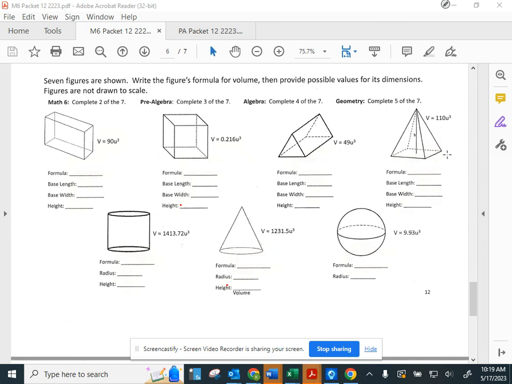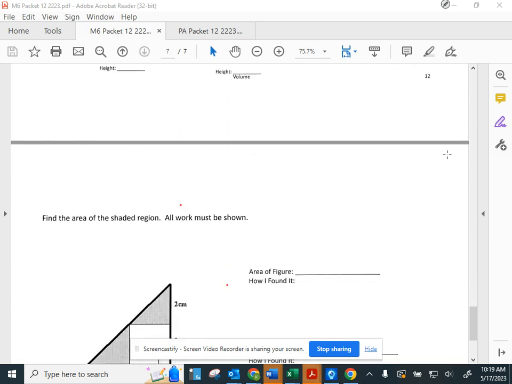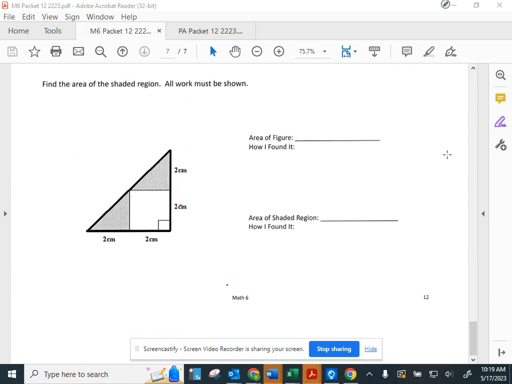Last page, we have our finding areas. So area of the figure. Our full figure is a triangle. How do we find the area of a triangle?